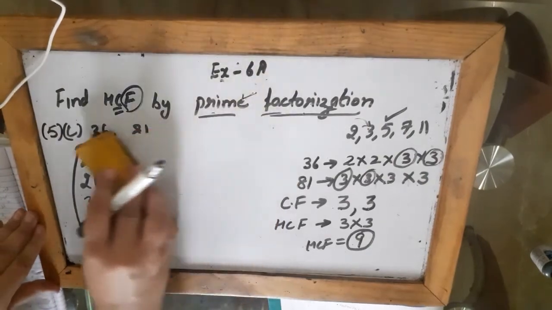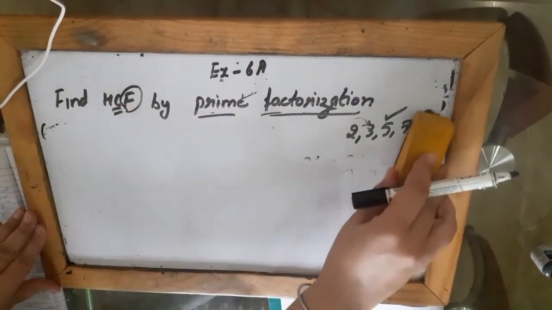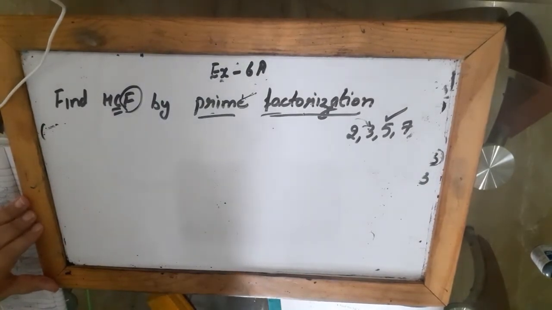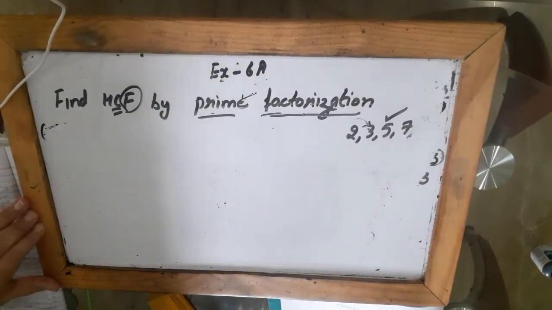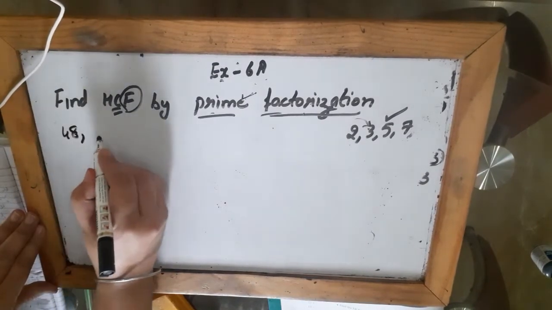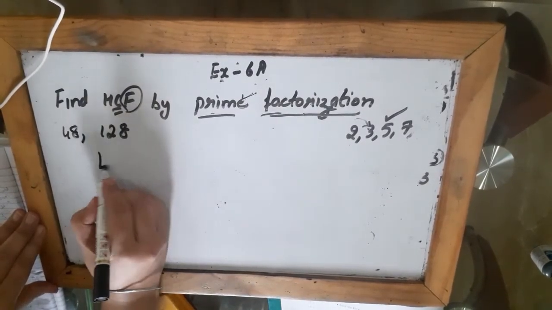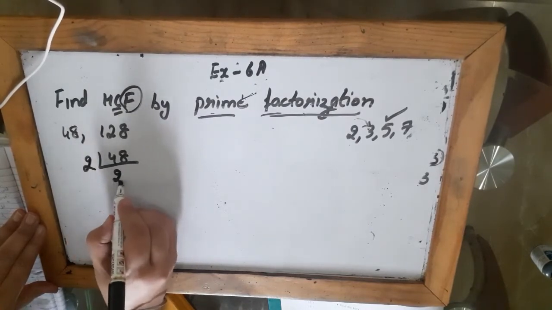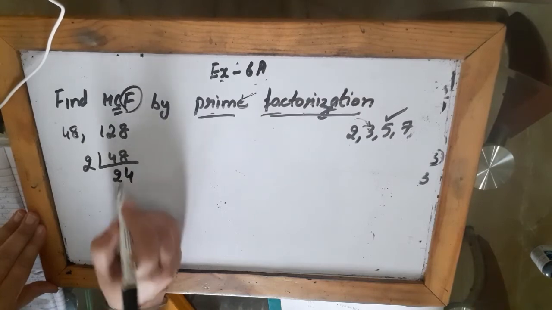Now let me take one more example. Let me take this time 48 and 128. What I have to do first is take out the prime factors. 2 2s are 4, 2 4s are 8.